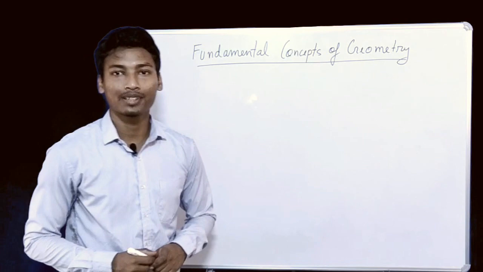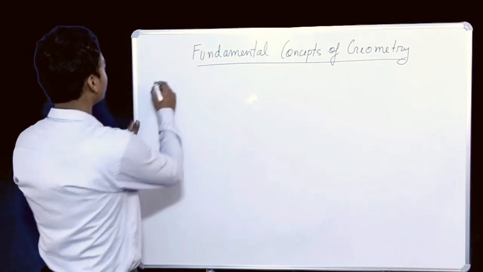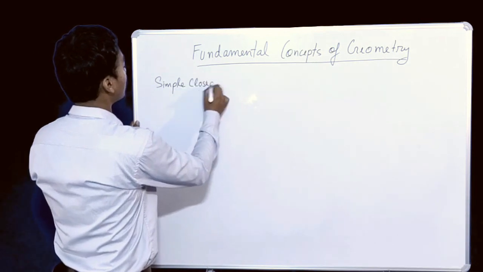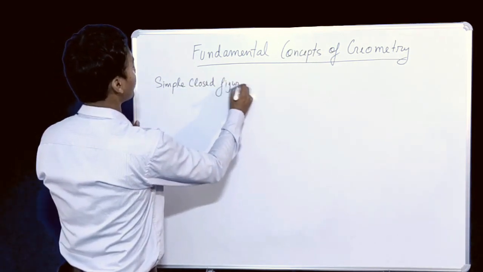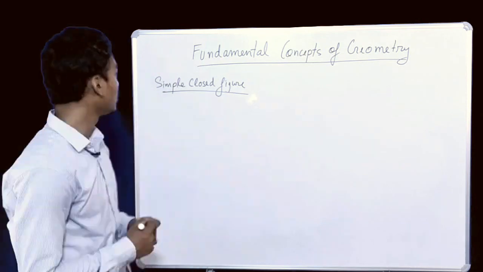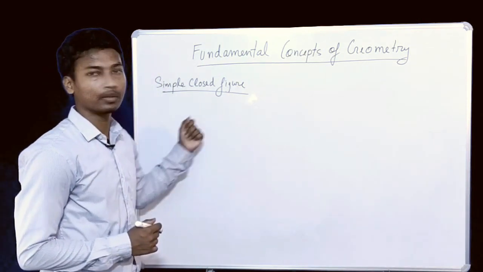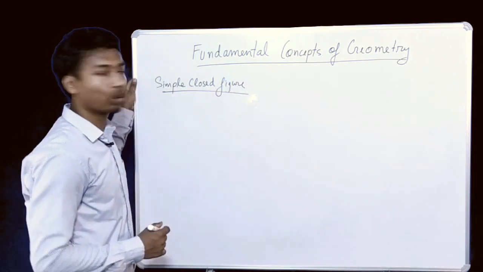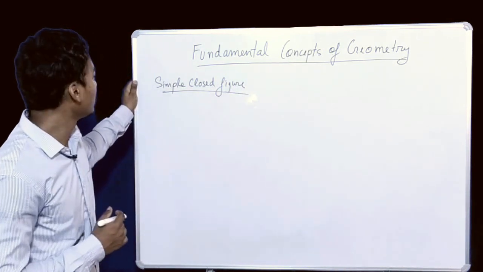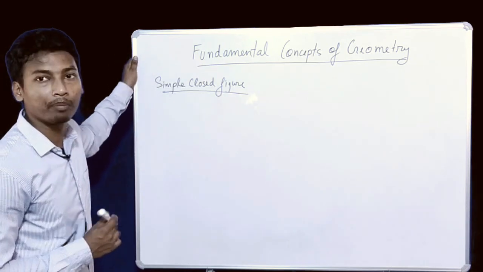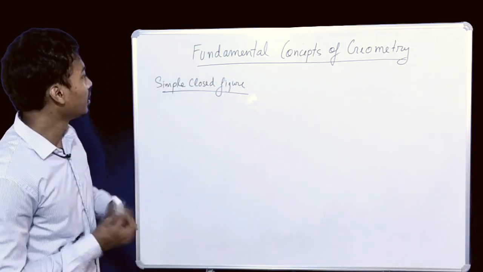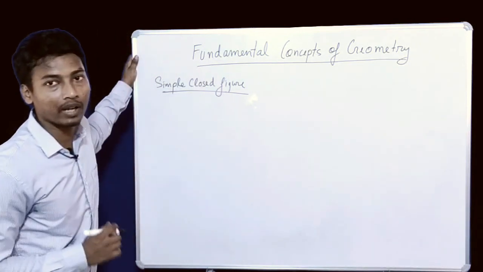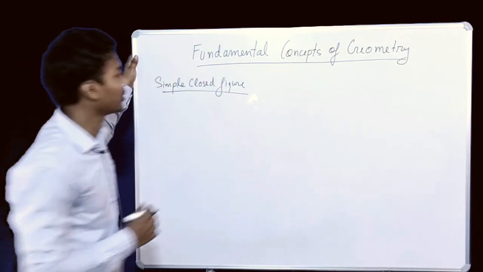Now let's talk about a simple closed figure. So what is this simple closed figure? Now by closed figure you can understand that it is closed from all the sides. Now what do you mean by simple closed figure? It means a figure which does not have any intersecting lines.